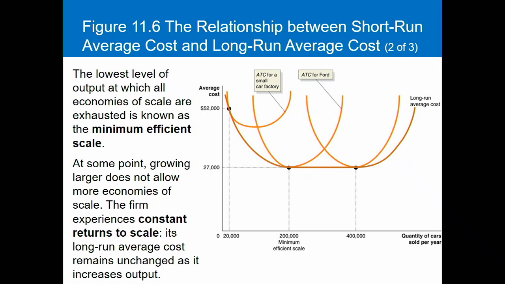They may want to keep growing if their average total cost is literally the same, because they can sell more units at that point, but they're not growing more efficient. Firms will tend to grow, if their managers know what they're doing, when they're experiencing economies of scale. That's a great situation to be in as a firm or as a manager. But eventually, they're going to reach a point where they can't get any cheaper.